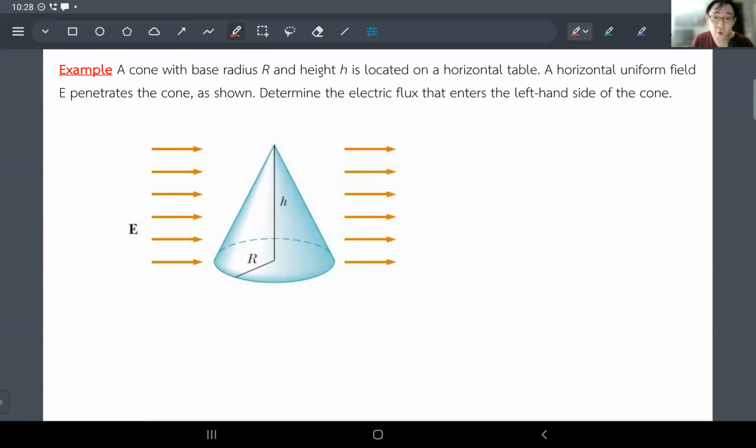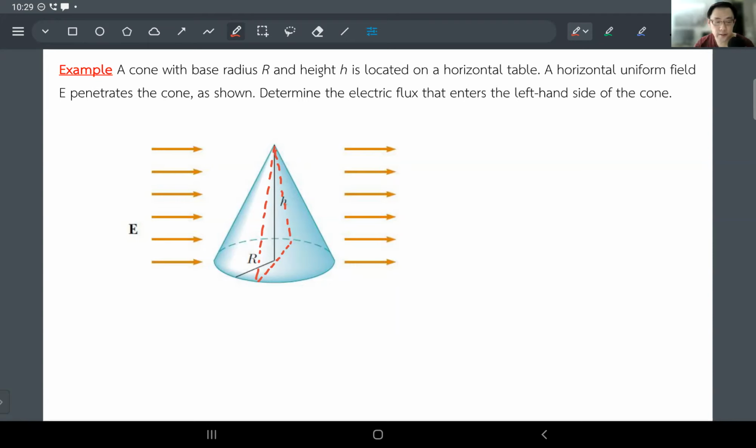But now they only want the flux that enters just the left side of the cone. So that means they just cut this cone in half, pretty much. And they just want the entering part of this flux. How much would that be, guys?